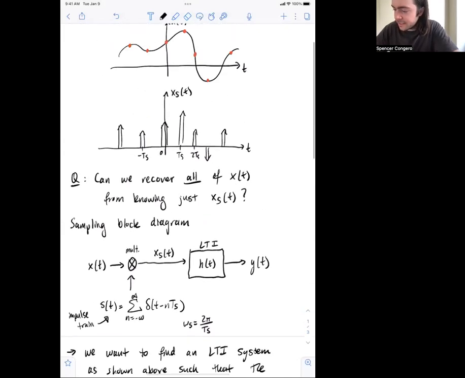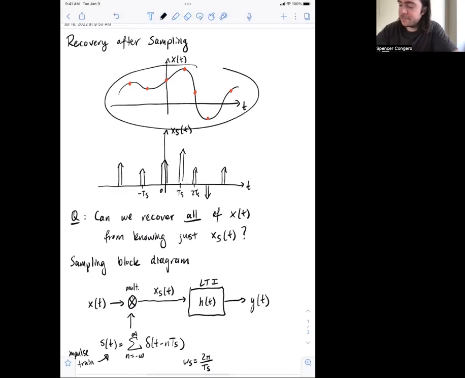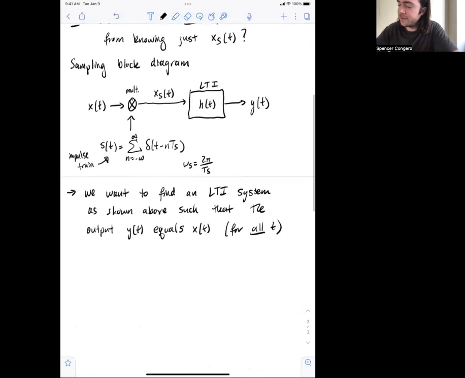It's a crazy thing that we're going to be able to do, but just from these samples, I want to be able to somehow pass it through an LTI system and recover this input signal exactly. That's my goal.